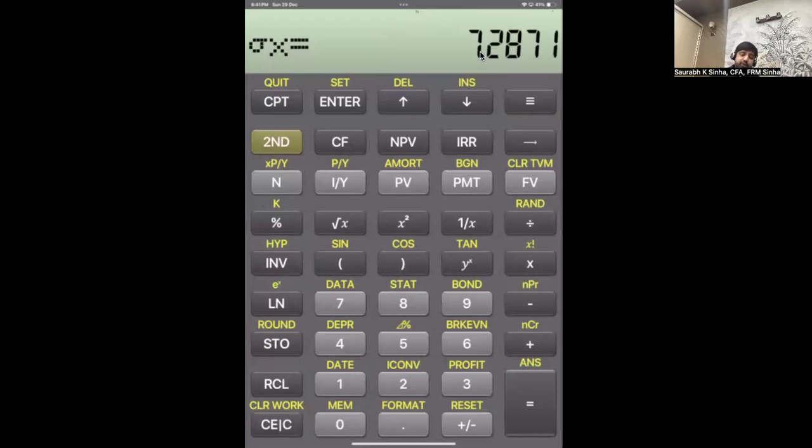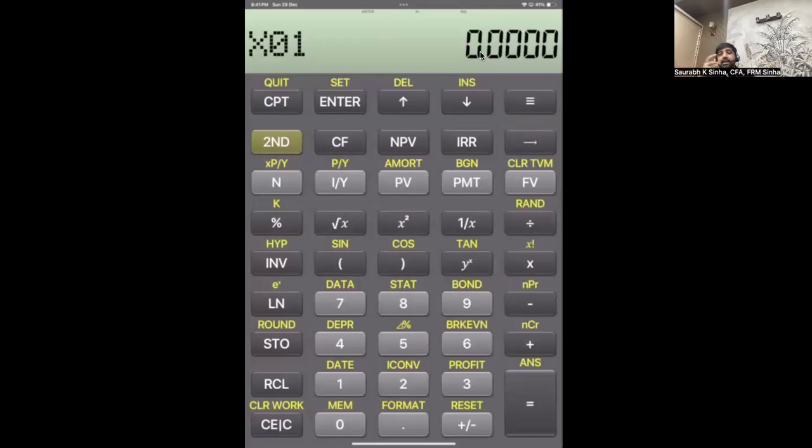The first thing that you should do is to click this button second and data, and then do second again and clear work. Second data, second clear work. As you do second data, you are informing the BA2 plus calculator that you have to take the data.